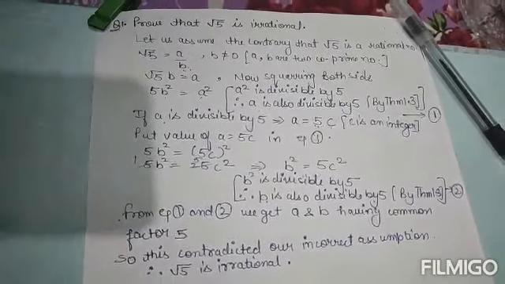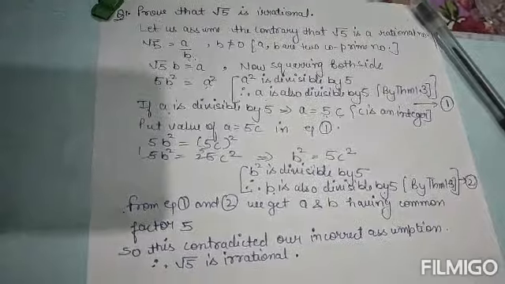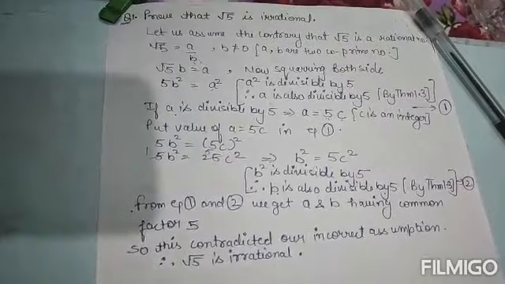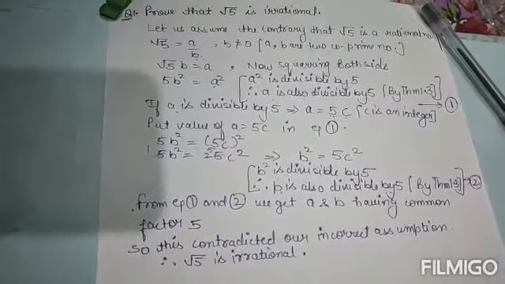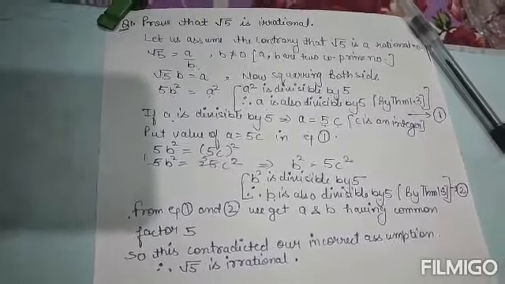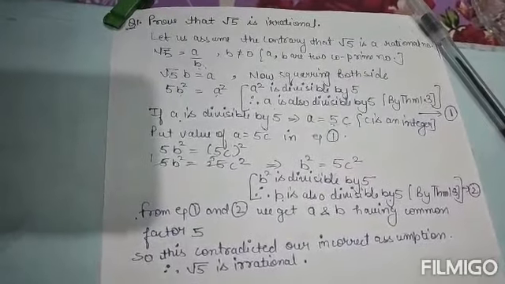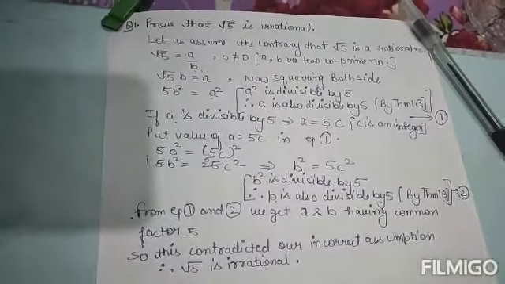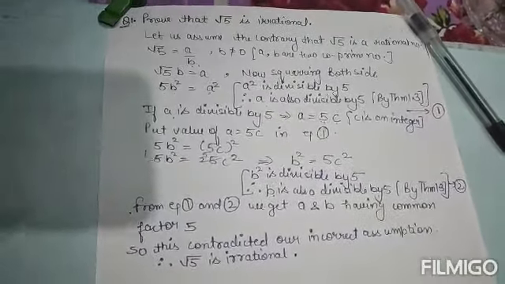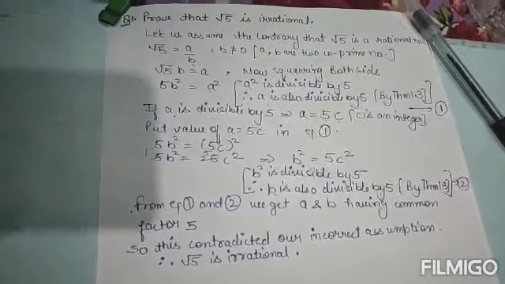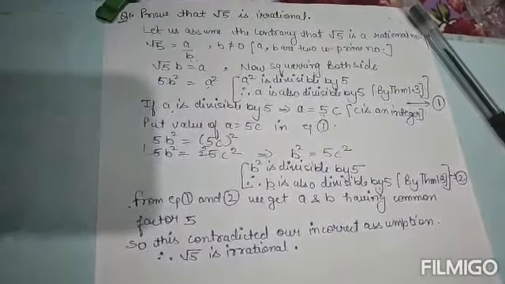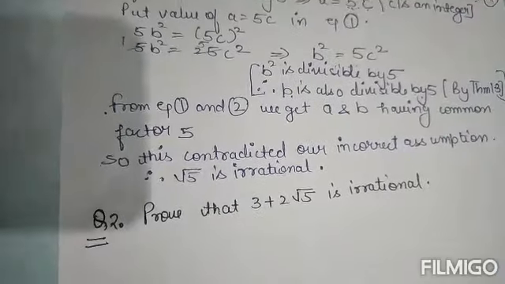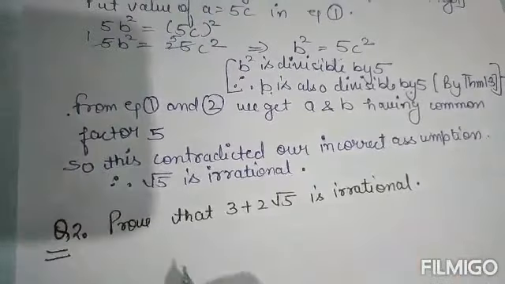First we have to assume कि it is rational, then squaring, then using theorem 1.3 2 times, and we will get कि one number is coming common in both the two co-prime numbers, and which will contradict our assumption. And this is how we can prove any irrational number like this. So now move to our next question.